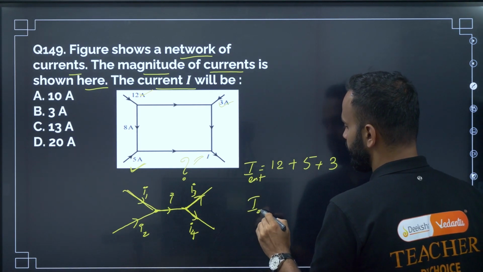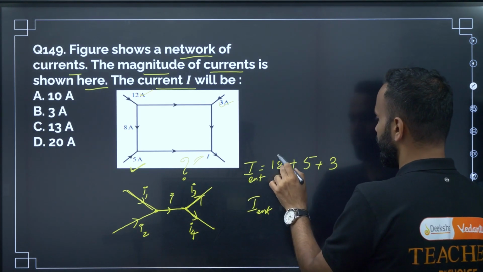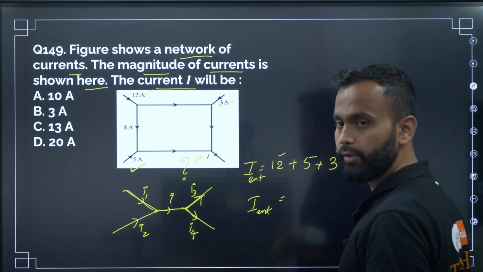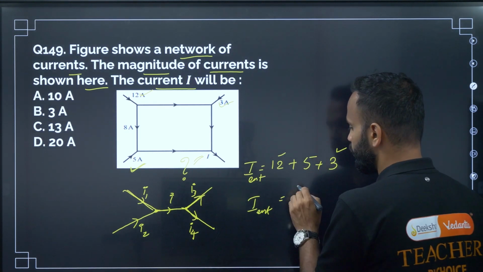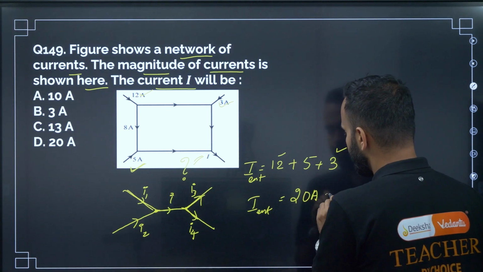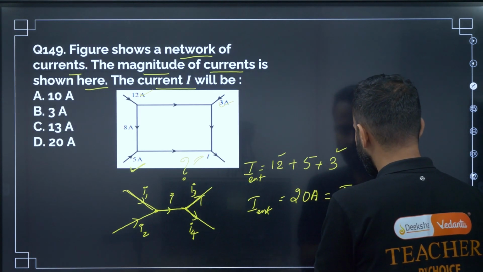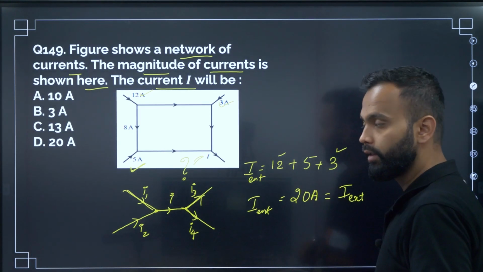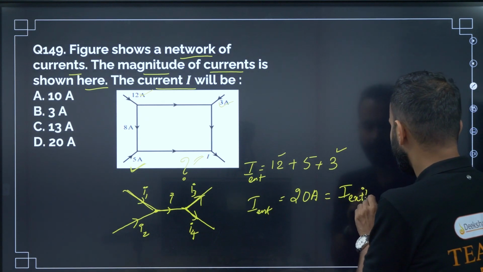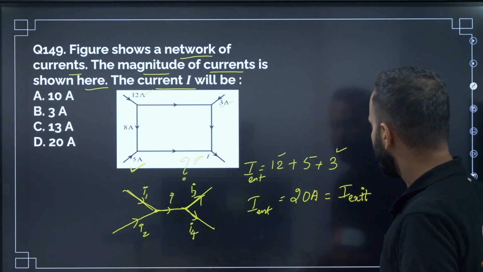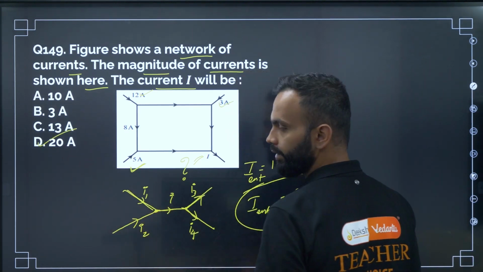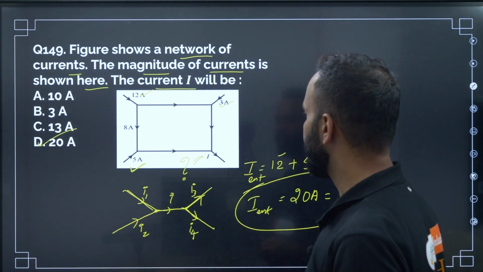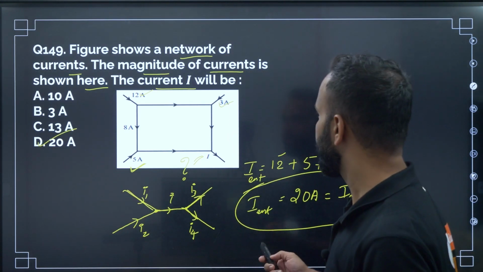So I entering is equal to 12 plus 3, 15, 15 plus 5, 20 ampere. Which is equal to the current exiting, so the current exiting is also 20 ampere. So the correct option is D. The simple, direct one.